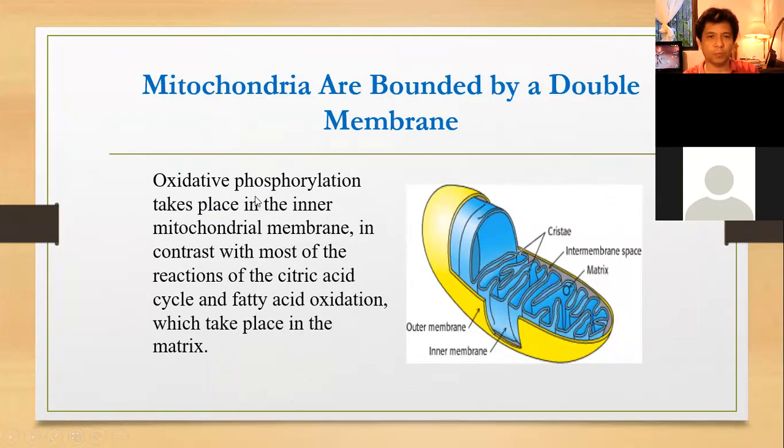So oxidative phosphorylation takes place in the inner mitochondrial membrane, in contrast with most of the reactions in the citric acid cycle and the fatty acid oxidation, which take place in the matrix. No? So makikita nyo mamaya kung bakit kailangan nandoon sa matrix. Kasi ginagamit niya tong matrix at saka yung intermembrane space. Doon nangyayari yung chemiosmotic process.